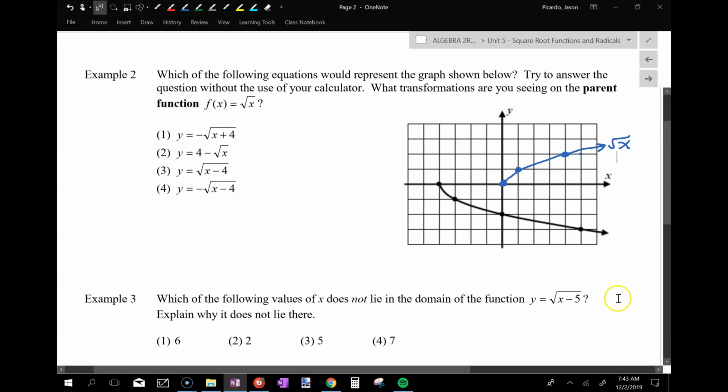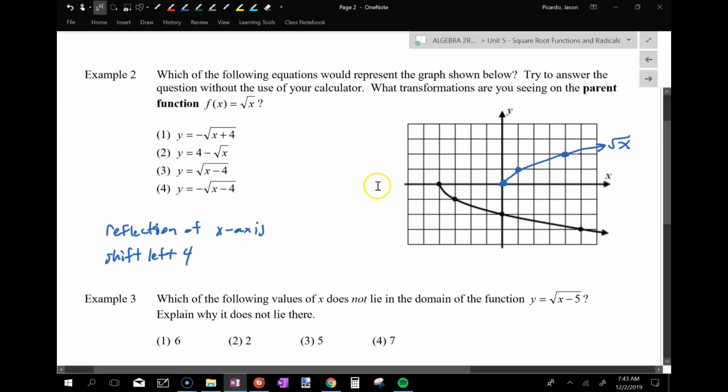All right, let's be specific now. What's the reflection? All right, so we have a reflection over the x-axis, and we have a shift, again, specific, left, 4. Okay, so that's what was done, right?